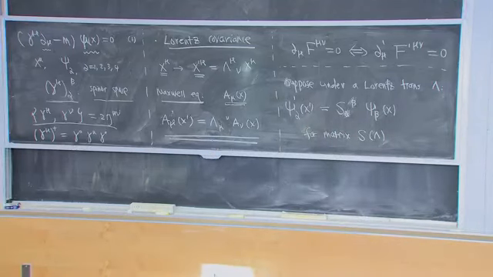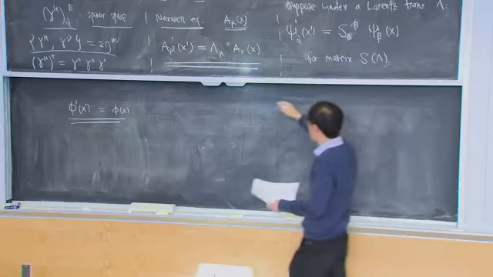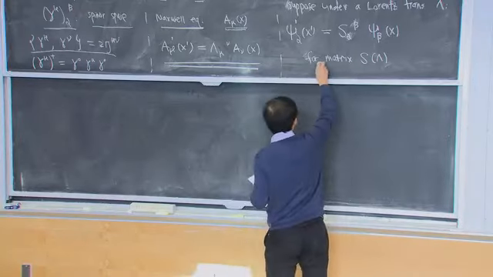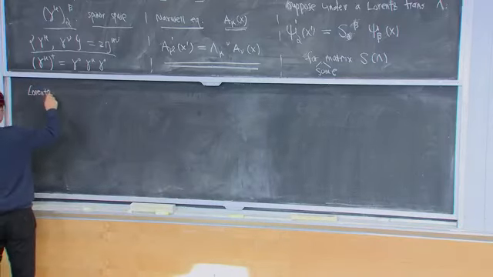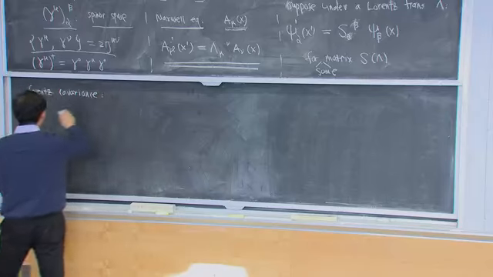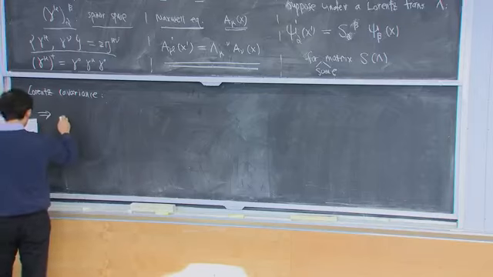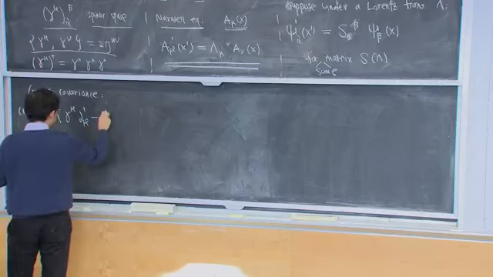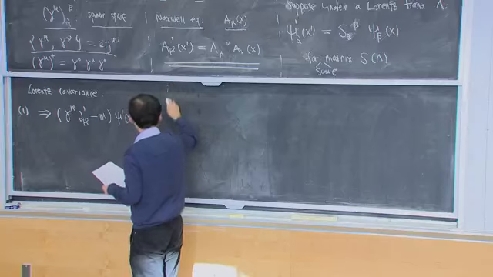Suppose this, for some matrix S. Then Lorentz covariance is the statement that, starting from equation 1, you should be able to go into the new frame and get an equation like this: (γ^μ ∂'_μ − m) ψ'(x') = 0.